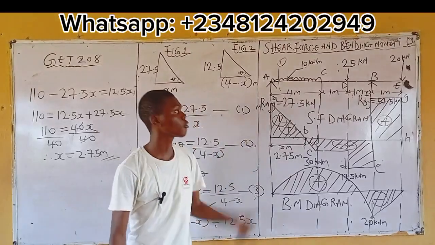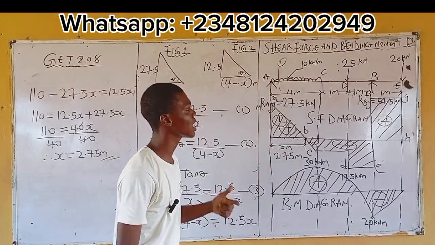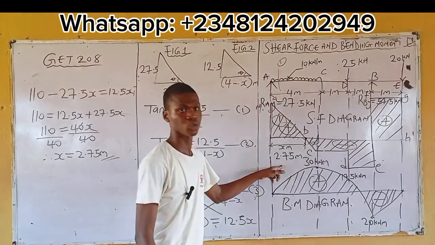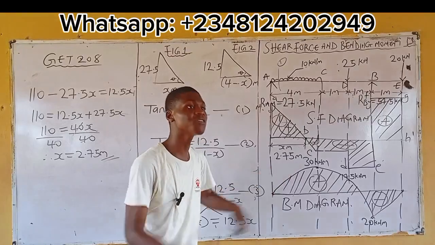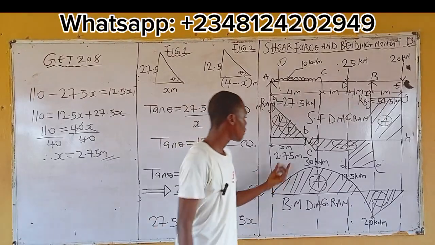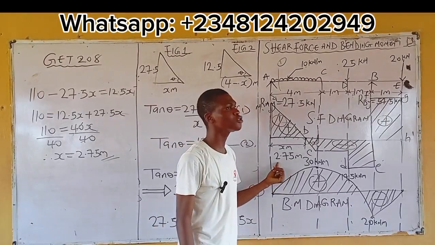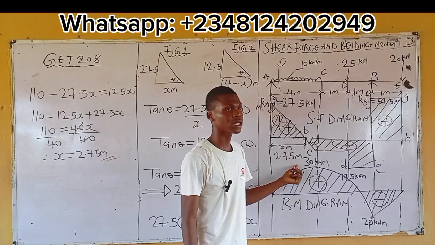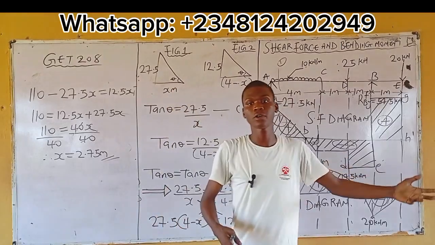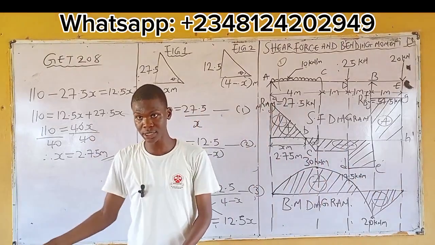What if I calculate the value of bending moment at x equals 5.5? Will the value at 5.5 be greater than this? No, it can never be greater, irrespective of the distance. You know, by calculation, I'm having 2.75, right?